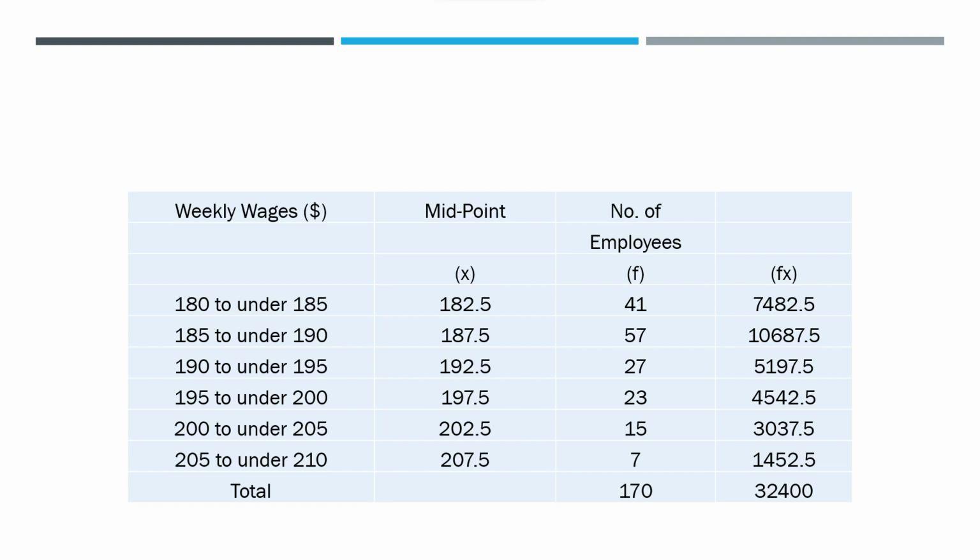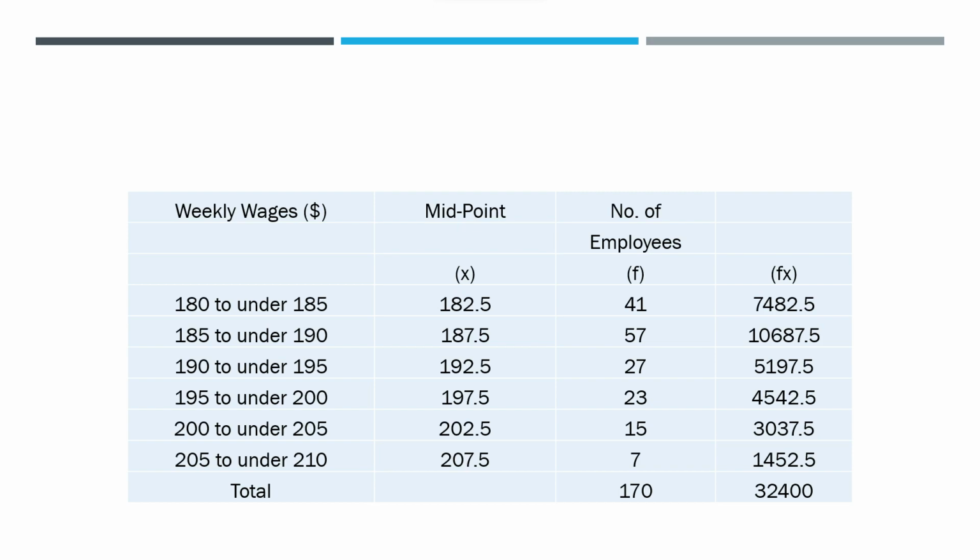So what we need to calculate is the product of the midpoint and the frequency. When we multiply 182.5 with the frequency of 41, the number of employees, we get the value of fx as 7,482.50.